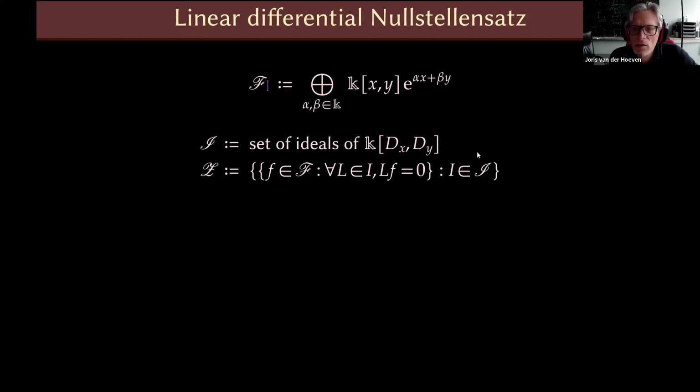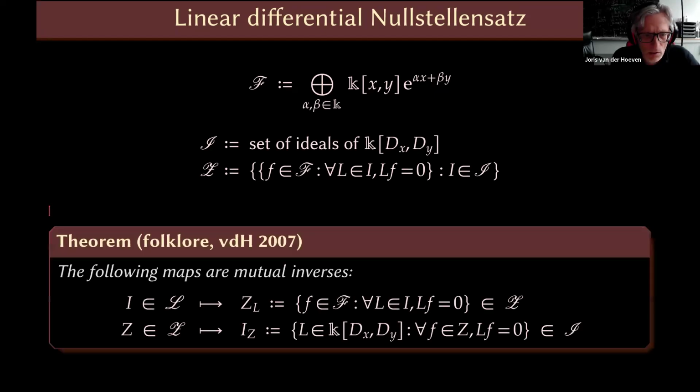For every ideal, we can form the set of all functions in this space that vanish under all linear differential operators in the ideal. So we can see this as some kind of Zariski closed subsets of F, but in a linear differential understanding.